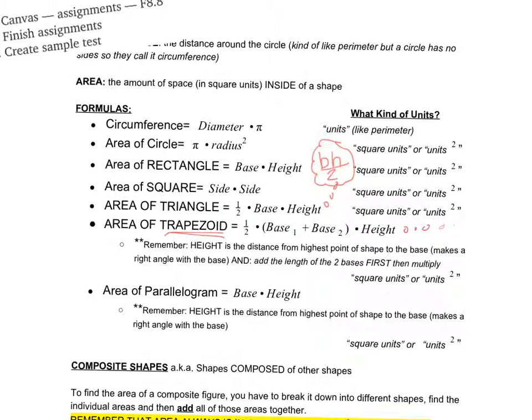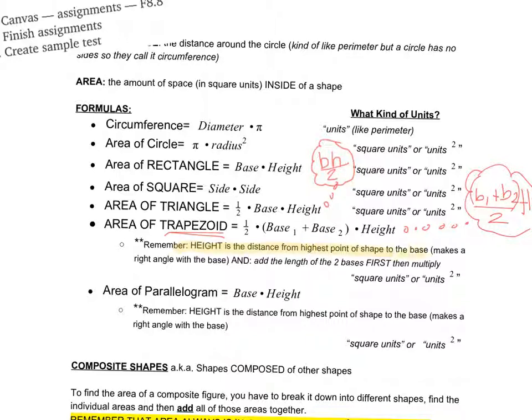Remember that, once more, because it's taking a half of something, you can actually write it as base 1 plus base 2 divided by 2 times the height, if that's what you prefer, or multiplied by the height and then divided by 2. Either way, you're dividing by 2 after you add the bases and multiply them with the height. Please remember, this is a very important point that a lot of people are forgetting.